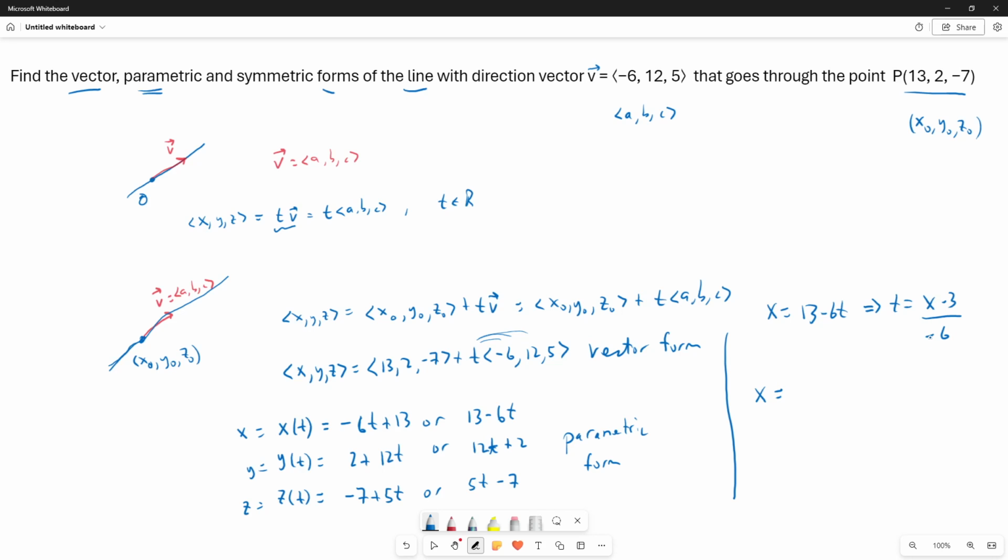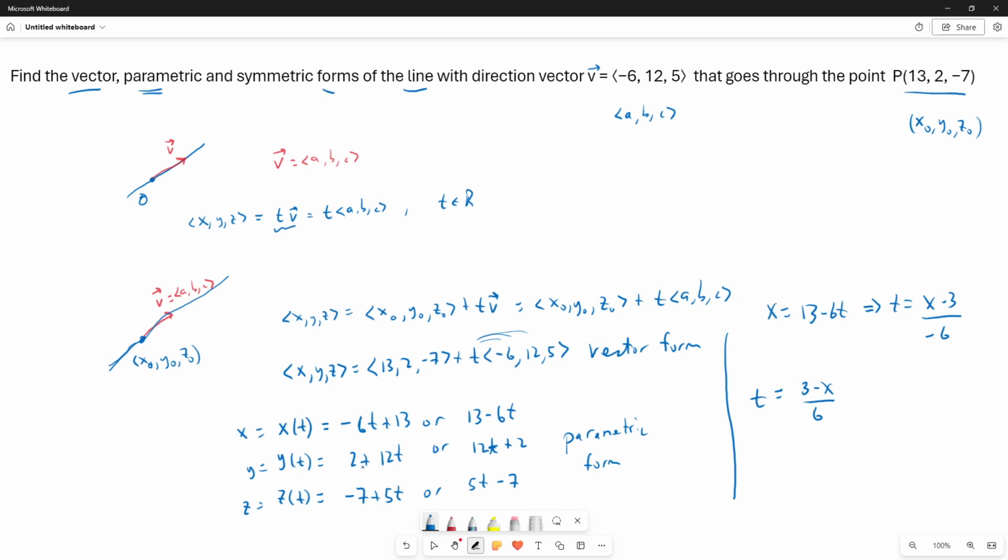Or we can move the negative upstairs: t equals (13 minus x) over 6.